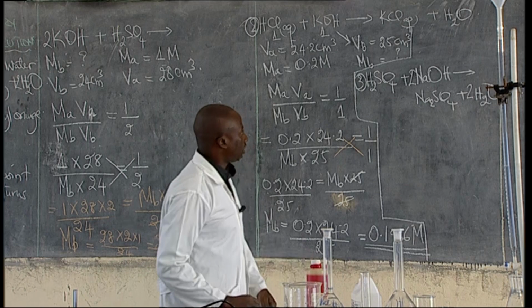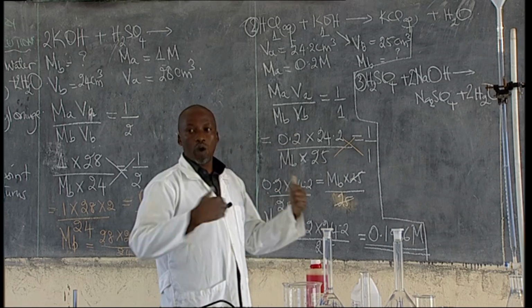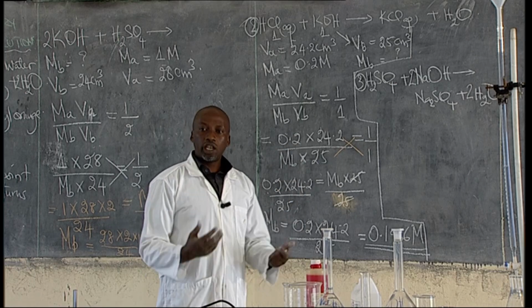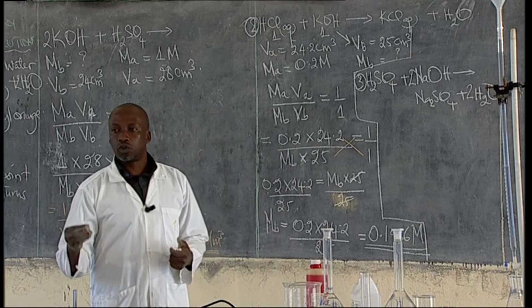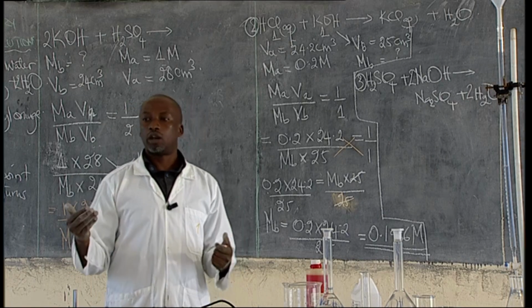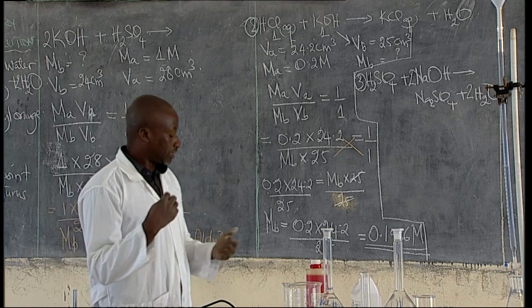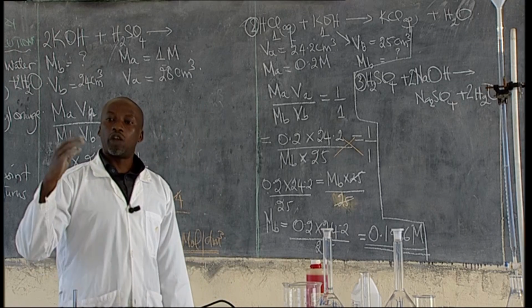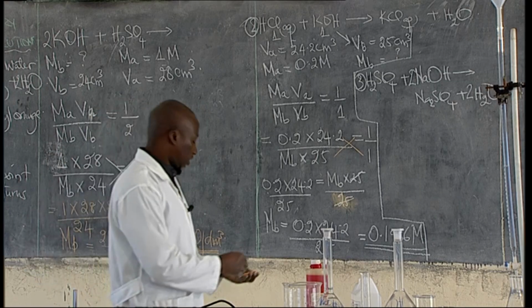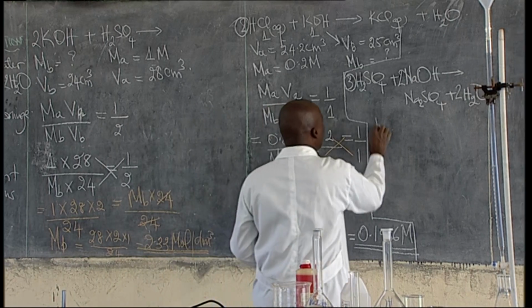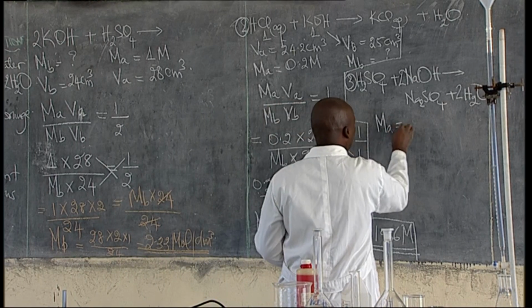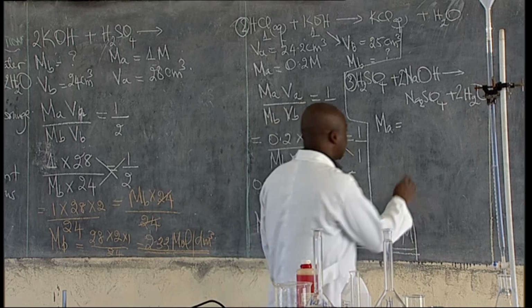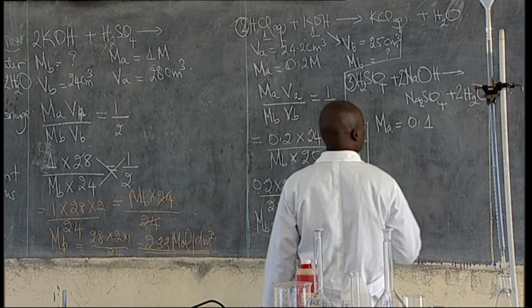First, look at the question and see what you are given. 22.4 of solution containing 0.1 molar of sulfuric acid. So you are given the volume of the sulfuric acid, and you are given the molarity of the sulfuric acid. So you'll have the molarity of the acid, which is given as 0.1 molar.